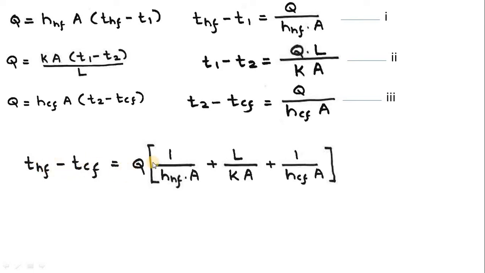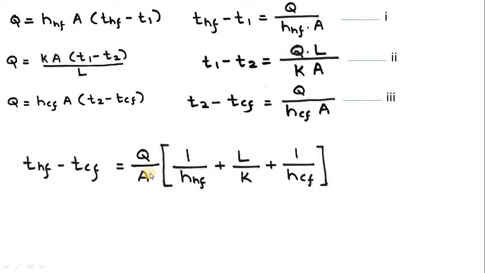This is equal to Q, which is common, times, inside the bracket, 1 upon h_hf A plus L upon KA plus 1 upon h_cf A. Here L is the thickness of the slab, K is the thermal conductivity, h is the heat transfer coefficient and A is the area. Let's take A outside of the bracket, since for all three modes the area is constant.